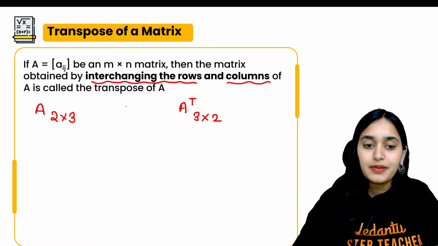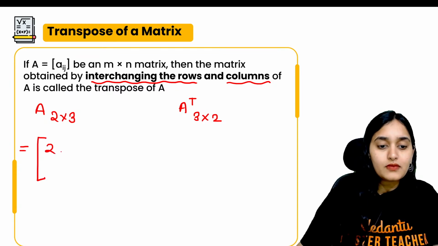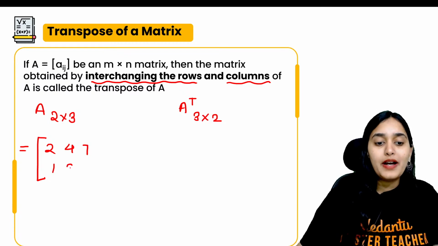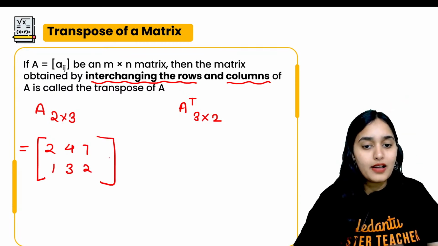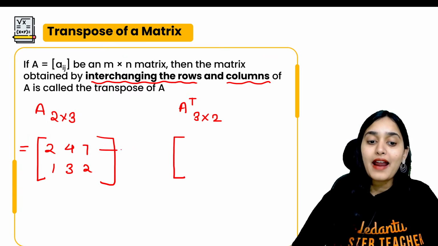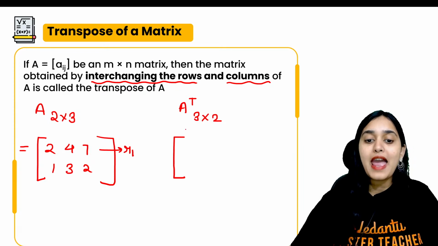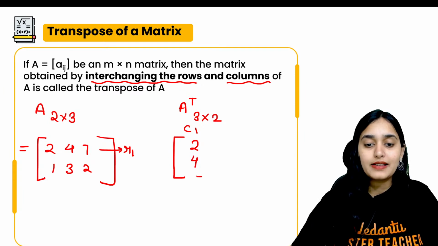Let's take an example. Suppose I have a matrix 2, 4, 7, 1, 3, 2. Now this has 2 rows and 3 columns. Simply, I will write row 1 as column number 1: 2, 4, 7.